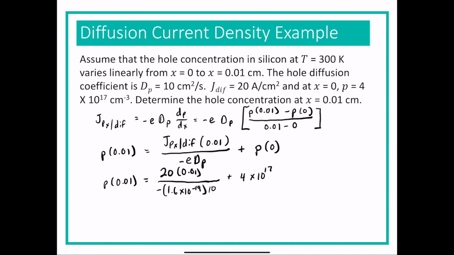Now, what you will notice is even though we're adding, there is a negative on the left-hand side. So what's on the left is going to be subtracted from, not added to, but it just means there's going to be less 0.01 centimeters away than there was when we started. So this works both ways, which is good. And when we get the answer, we get 2.75 times 10 to the 17 per cubic centimeter.